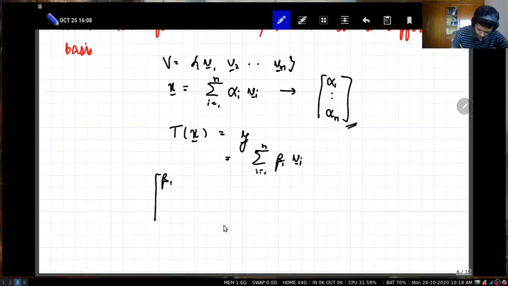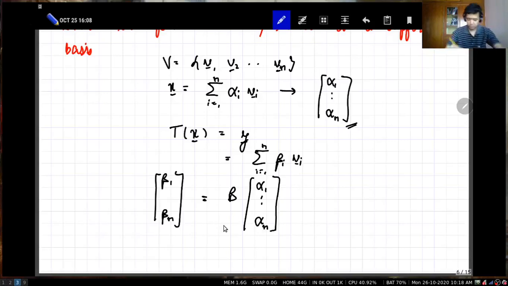So we have beta 1 through beta n, so this is some matrix B times alpha 1 through alpha n, right? So we get another matrix equation, beta equals B times alpha, but this is the linear transformation T, but relative to this basis, right?